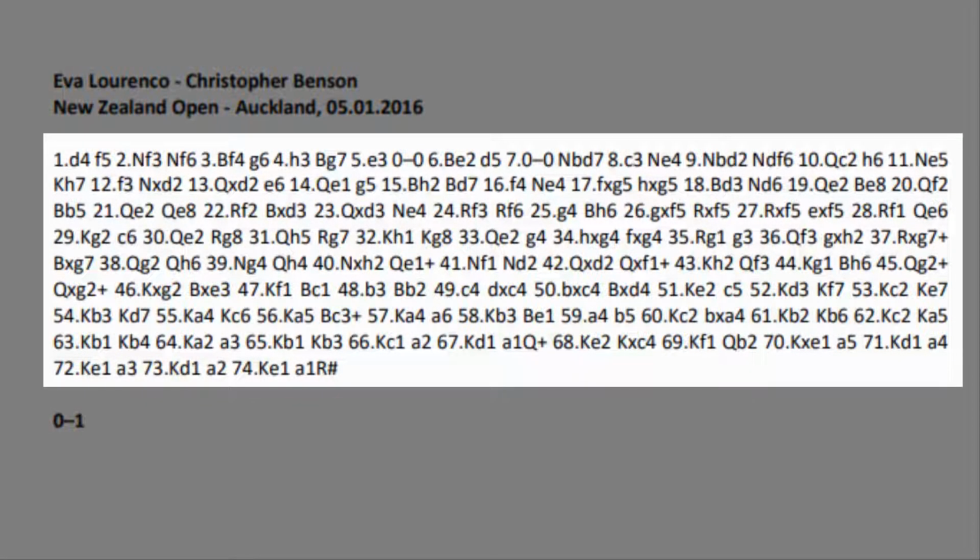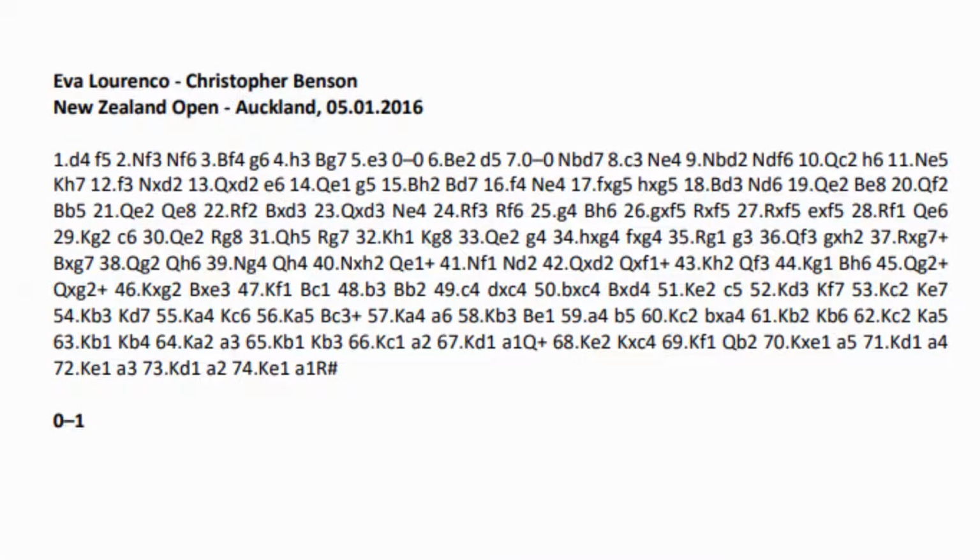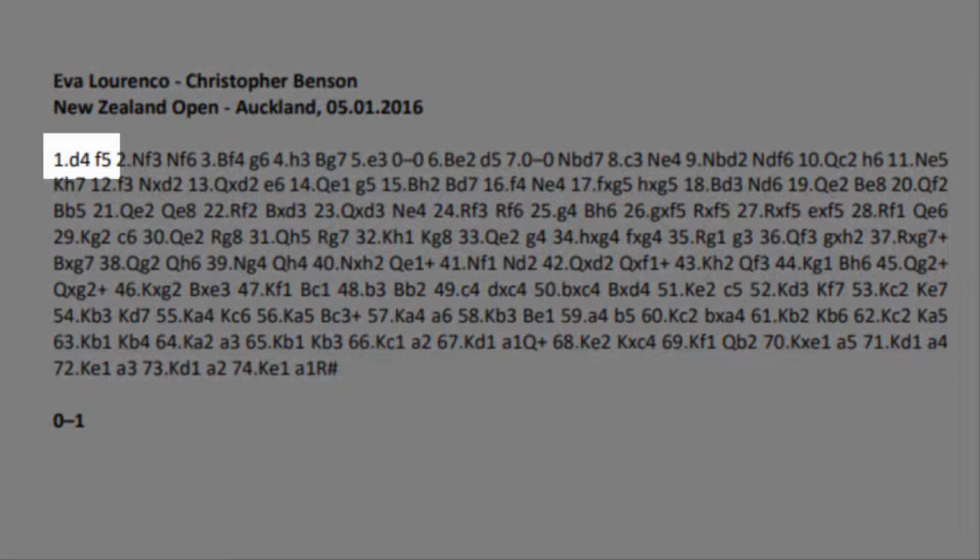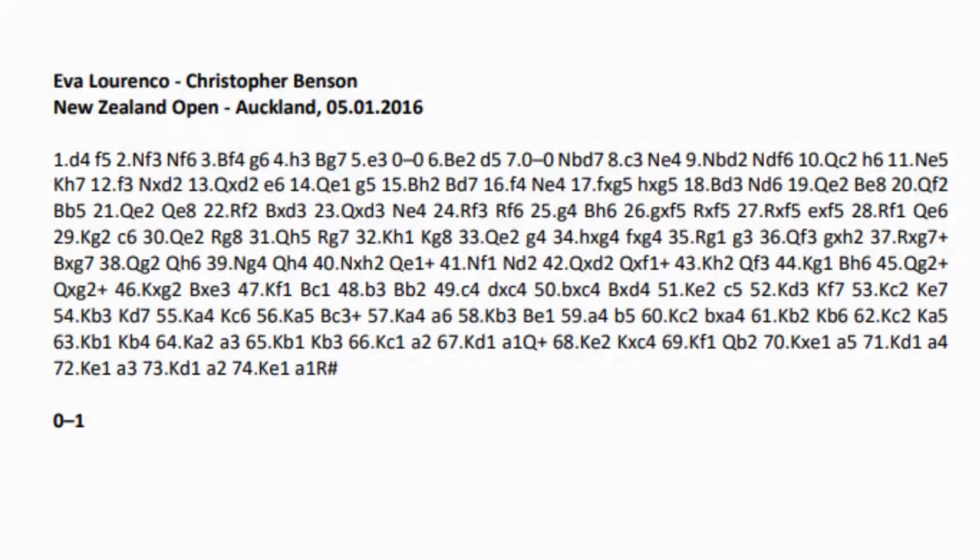So here, as you can see, on the first move, you only have squares. And this is a rule that applies only for pawns. Whenever we don't mention anything, this means that we move a pawn. And as I had mentioned before, one move is a move by white and black. So here we see that we have 1 d4 f5. So let's go back to the chessboard and try to make these moves.